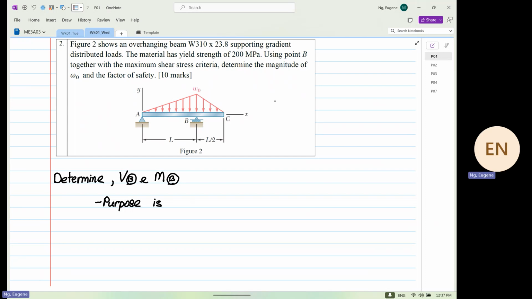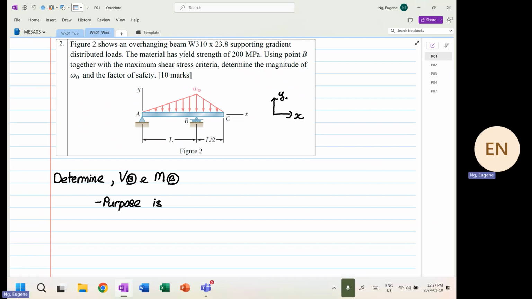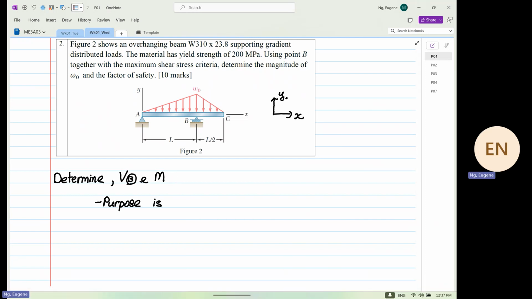What you see over here is our stress X, and this is our stress Y. So from here, the purpose is we're going to do this. Can you put moment about Z at point B and Vy, the shear force in Y at point B, please.